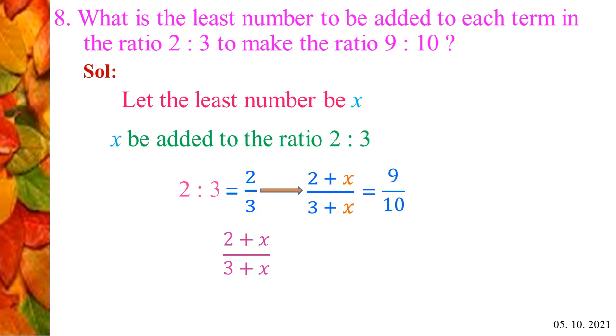The expression 2 plus x by 3 plus x equal to 9 by 10. Now find the x value. So now make the cross multiplication. 2 plus x into 10, 9 into 3 plus x. We get 10 into 2 plus x equal to 9 into 3 plus x.